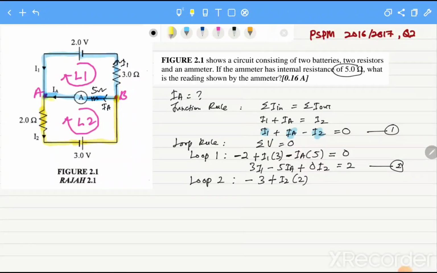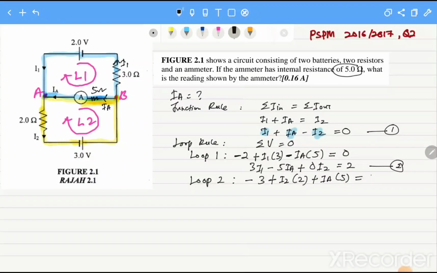Okay, next, in resistor 5 ohm, I continue to travel. Notice that the direction that we travel is in the opposite direction of current IA, so positive IA times 5.